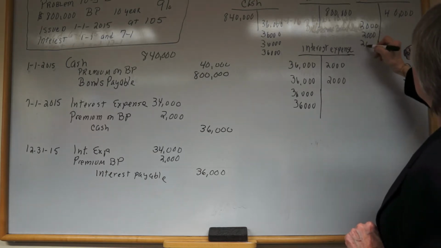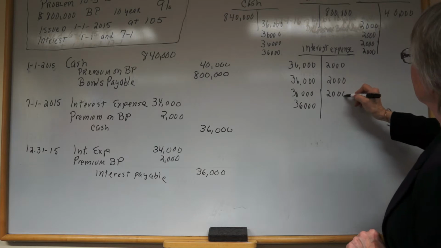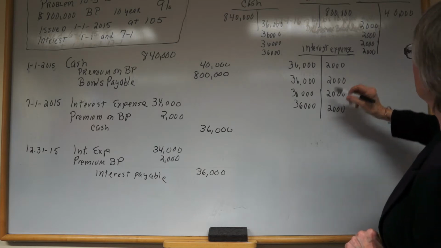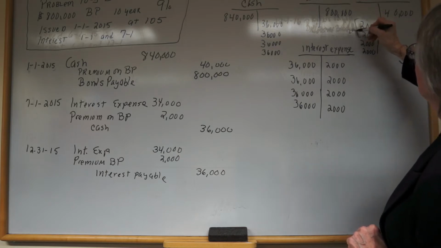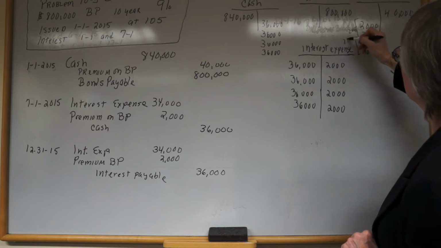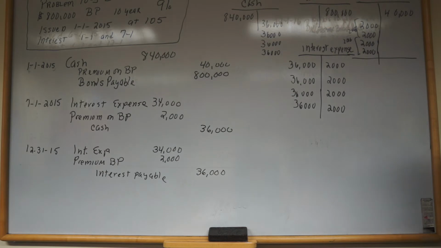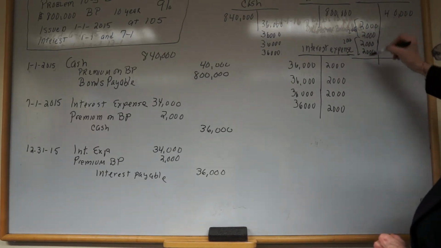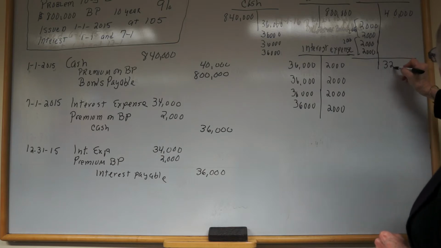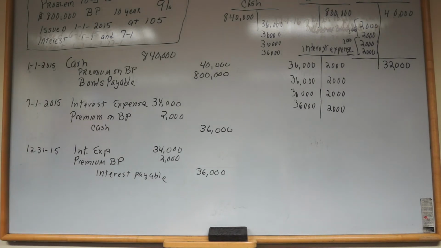And then we would amortize 2,000 more, okay? So this is for 2015 and 2016 here. So now, when we get down to 1/1/2017, when we're supposed to redeem the bonds, 40 minus 8 gives us a balance of $32,000 in our premium account that has not been amortized yet.